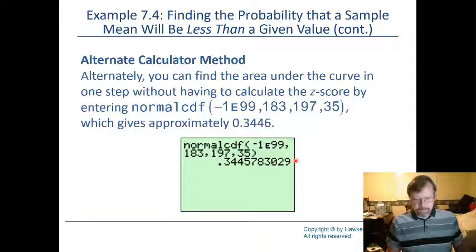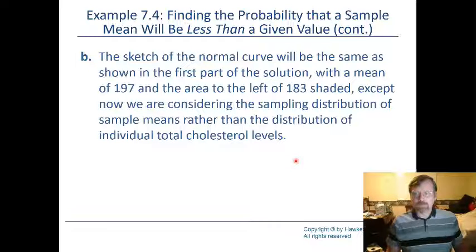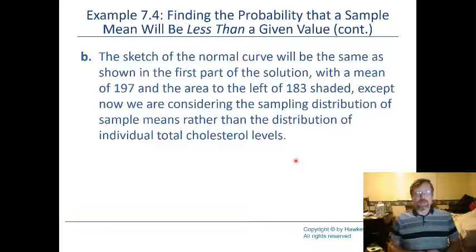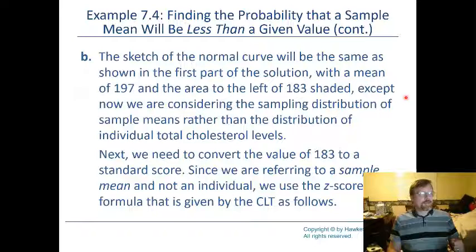Okay. All right, so moving on to the sample now, we're looking again, same situation on the graph, except we're looking at a sample of 150 instead of a single person. Okay, so we need a slightly different z-score calculation because it's a slightly different situation, so slightly different values are appropriate.